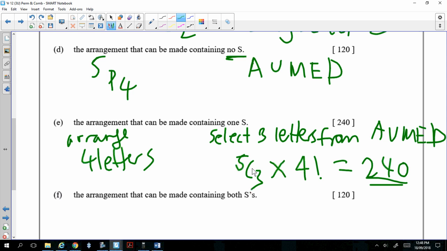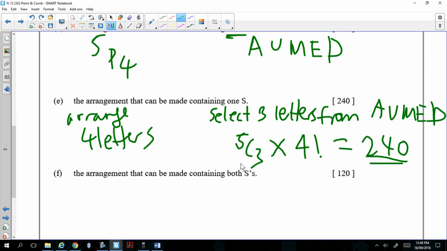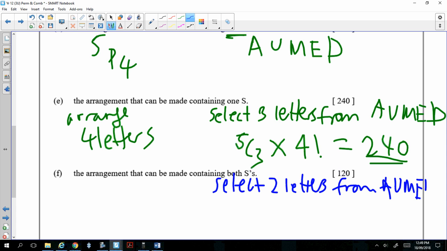So you get 5C2. And now there are 4 letters to arrange. But what else do you have to do? Remember there are 2 S's. You divide by 2 factorial because there are 2 repetitions. Okay, so let's see if it works. Yeah, it should work. Divide by 2, you get 60 for 120.